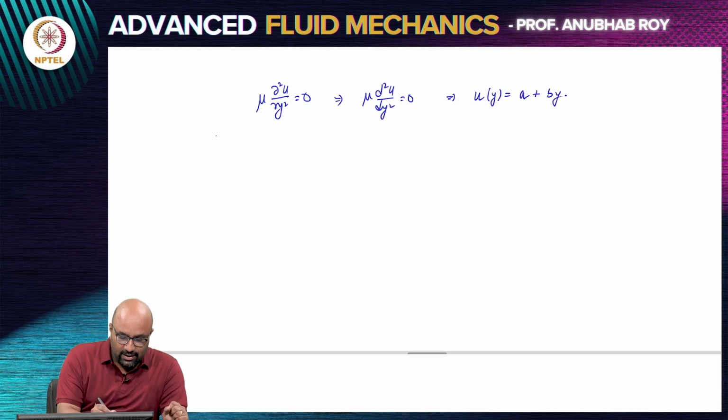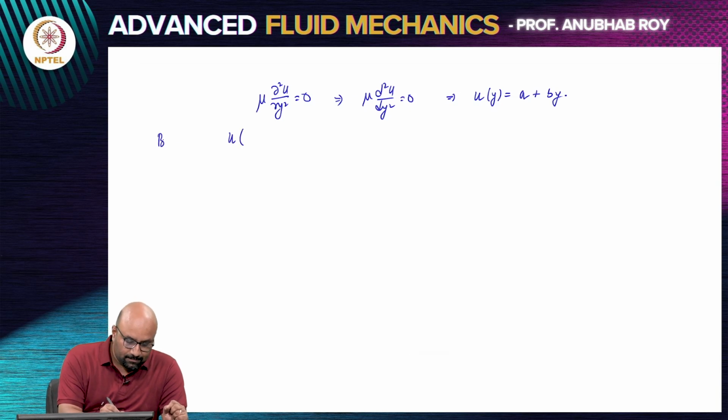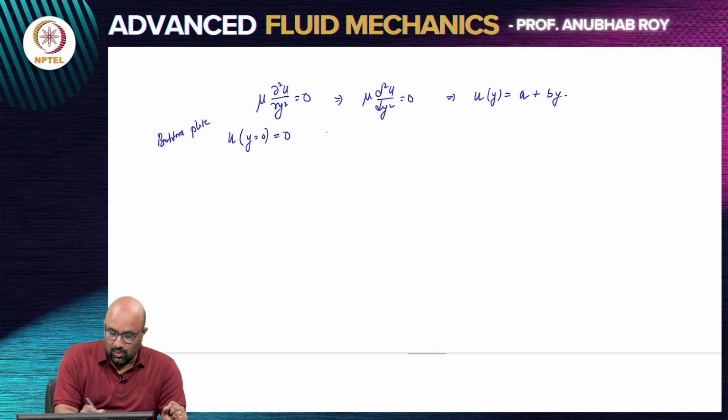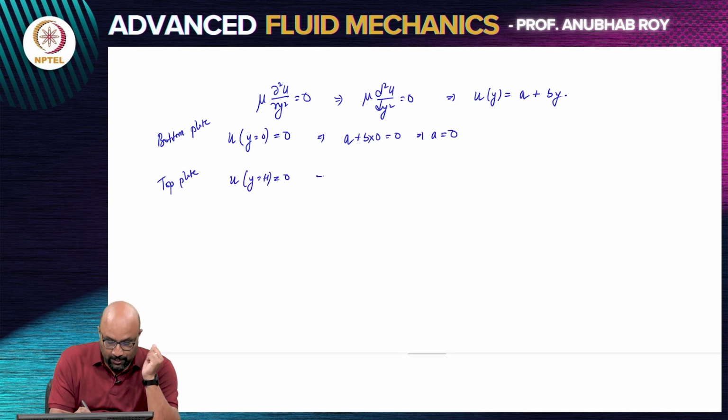Now you have a boundary condition to satisfy. Now what are the boundary conditions? So the bottom plate is stationary. So at y equals 0, u is equal to 0, which means a plus 0 is equal to 0, and that gives me a is equal to 0. Now at the top plate, the plate is in motion, so at y equals h, u is equal to u bar, and a is obviously 0.